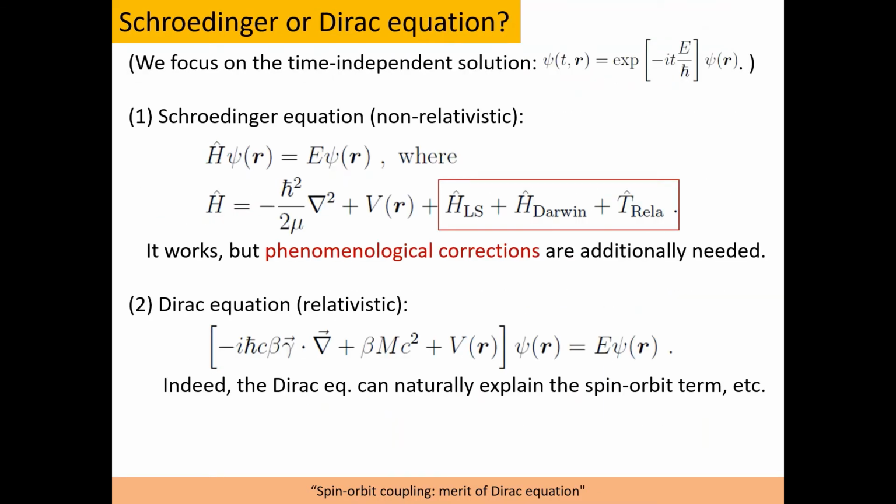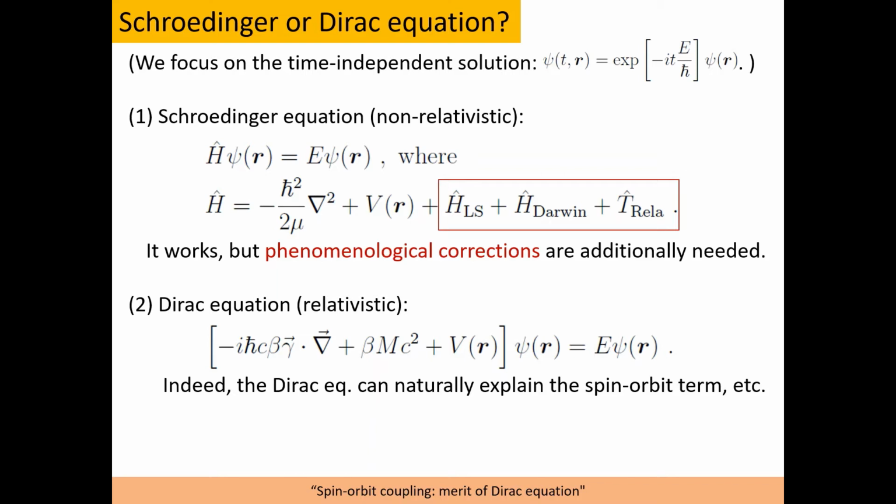So, the Schrödinger or Dirac equation. And here, first we focus on the time-independent solution in both cases. First the Schrödinger equation, that is in the non-relativistic limit. Okay, it works, but phenomenological corrections are additionally needed, as I told in the previous slides.